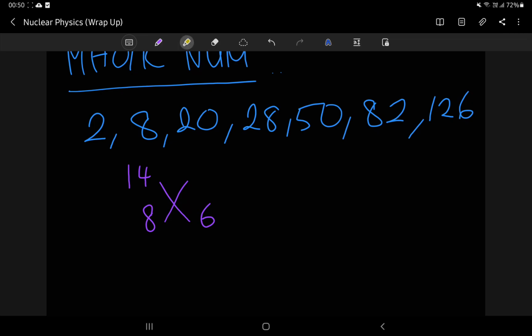So we call these magic numbers, and the proton possesses the magic number.